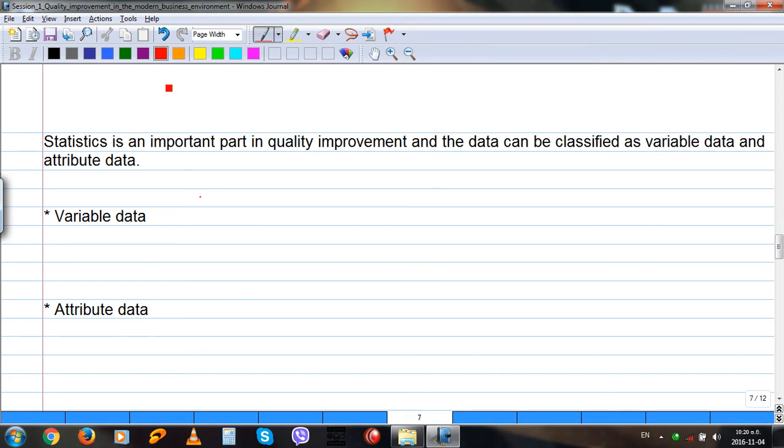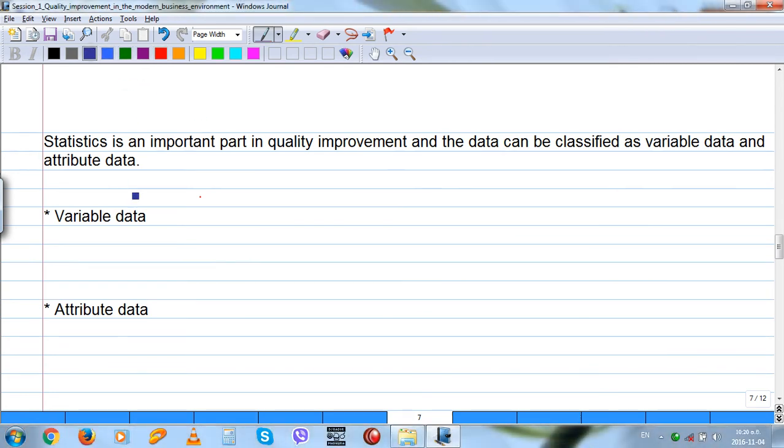Variable data means continuous measurements.